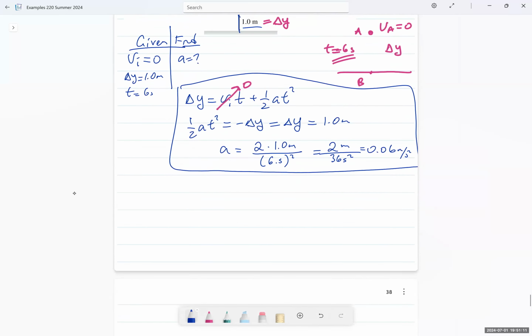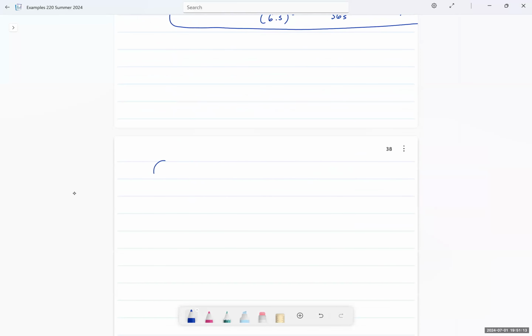What I have here is the pulley, I have M1, and I have M2, and I have a rope that connects them like this. So what I would do here is split this into two systems like this. This is going to be one, this is going to be two.